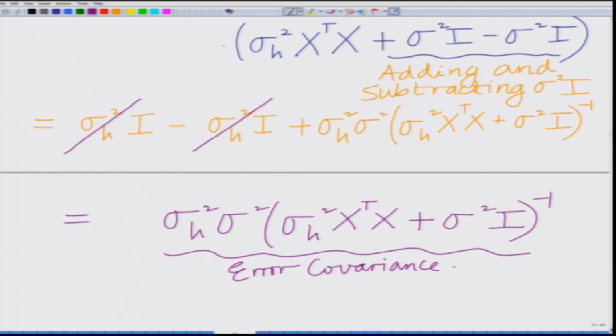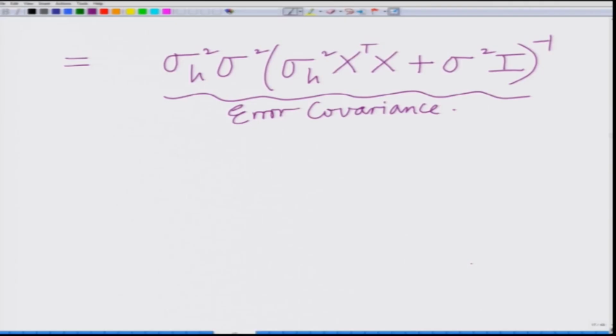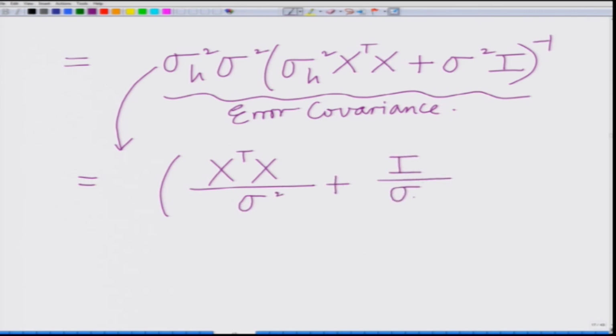Okay. So, what we have is sigma h square into sigma square times sigma h square x transpose x plus sigma square identity inverse. Now, sigma h square into sigma square is a scalar factor, so I can take it inside the matrix inverse. I get the final expression: x transpose x divided by sigma square plus identity divided by sigma h square, inverse.